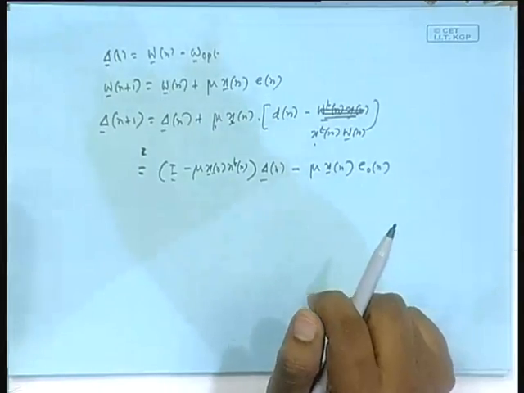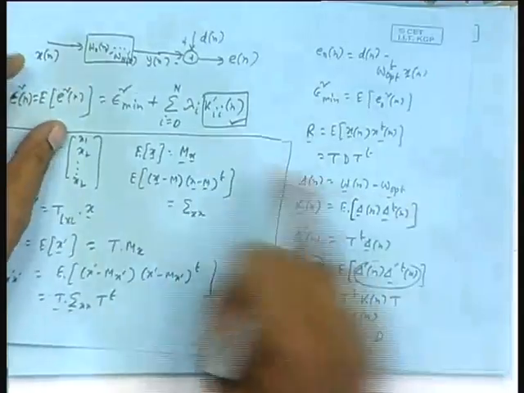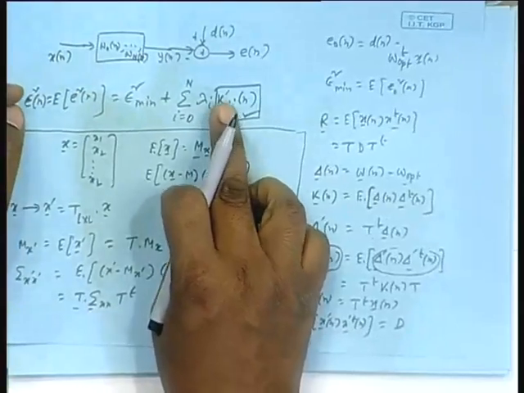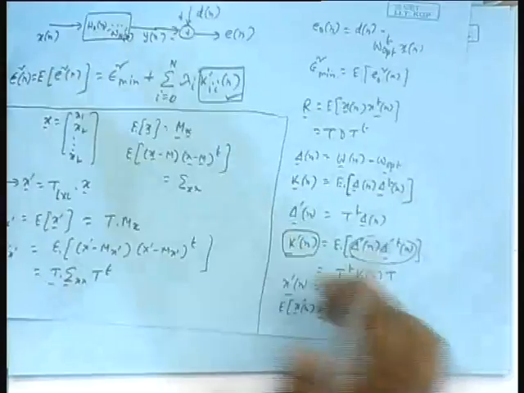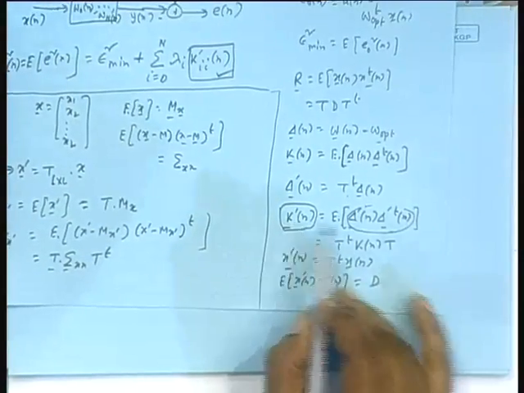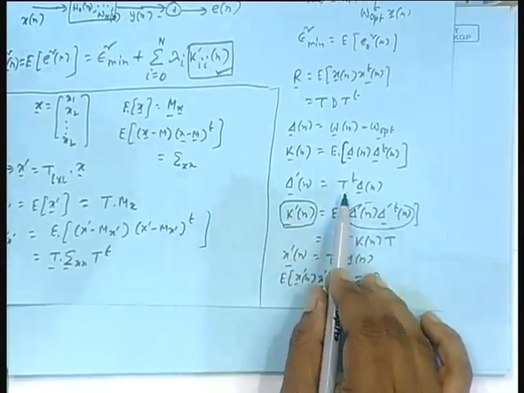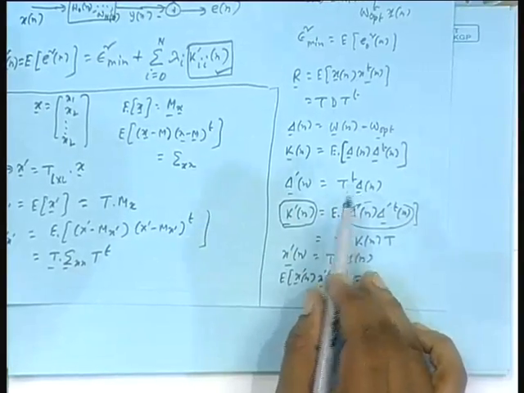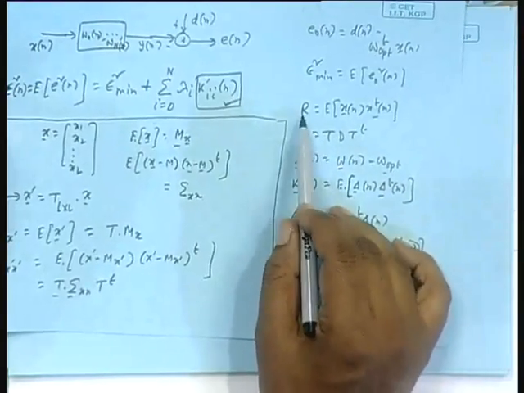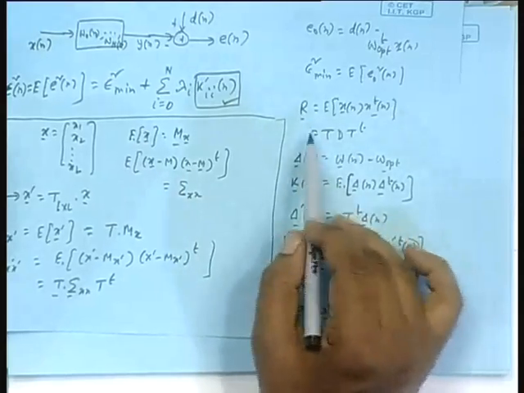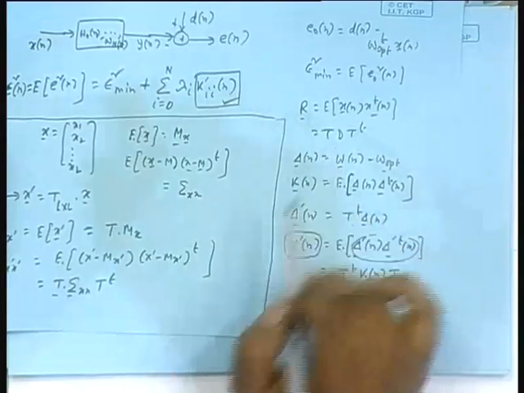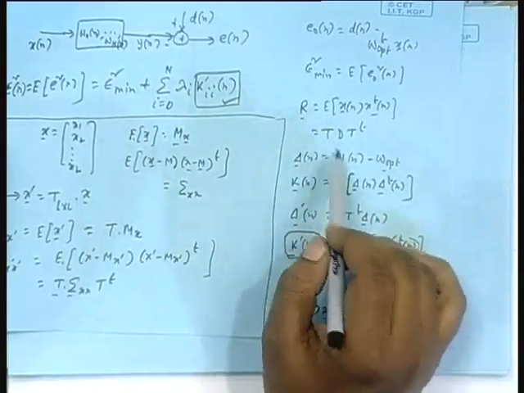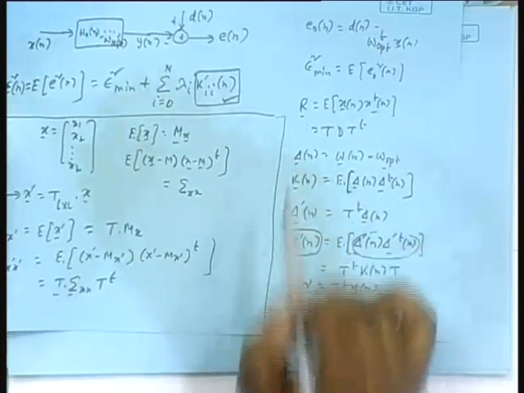But as I told you, I am not interested in this here. We have got K double prime n. K double prime n comes from K prime n. K prime n comes from delta prime n. Delta prime n comes from T transpose delta n, where T transpose came out of the factorization of R. This is called factorization of R, factorization of a product, like there are 3 factor matrices which multiplied give you this.